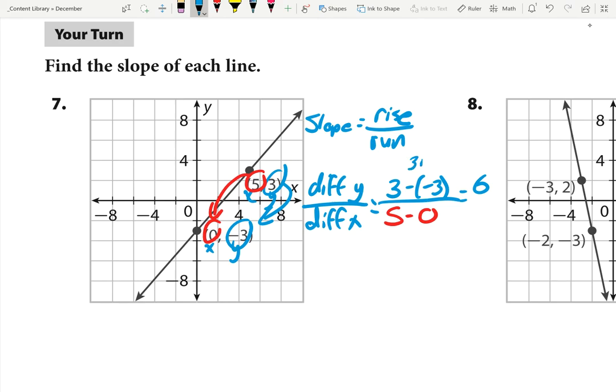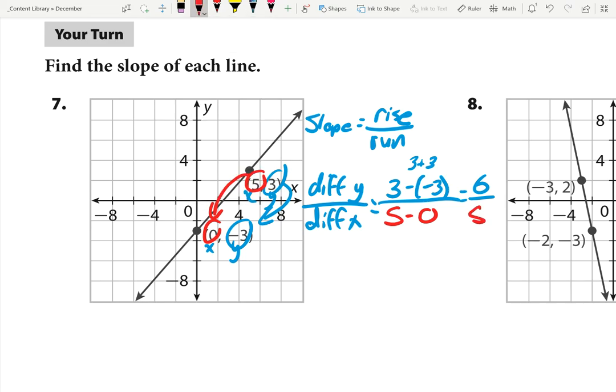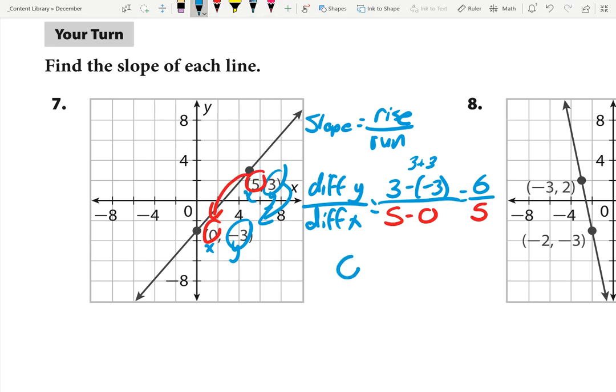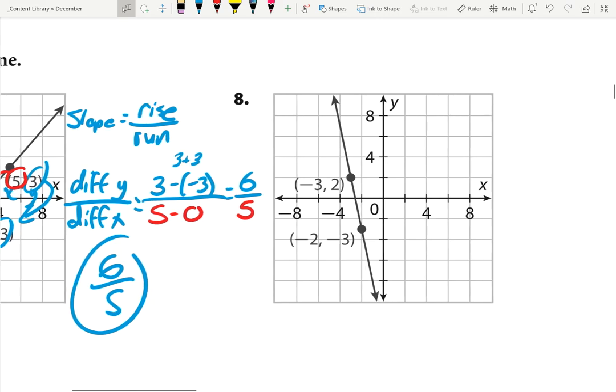So think of this as like a 3 plus 3, which is 6. And then 5 minus 0 is 5, right? 5 minus 0 is 5. So our slope of our line is 6 over 5, or 6/5. And there's no simplifying that. It's the same as 1.2, but we don't really care about the decimal. You can leave it as 6/5.